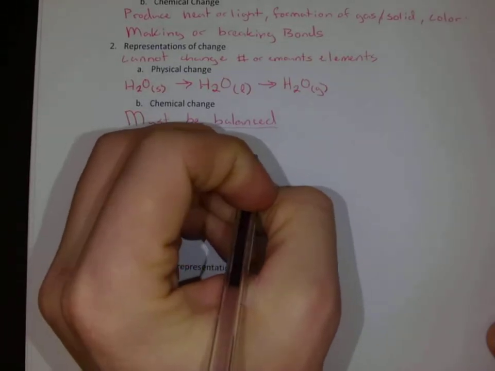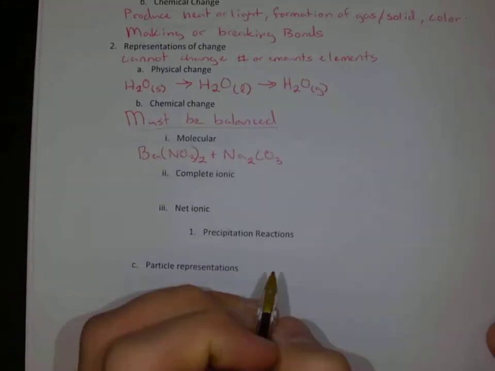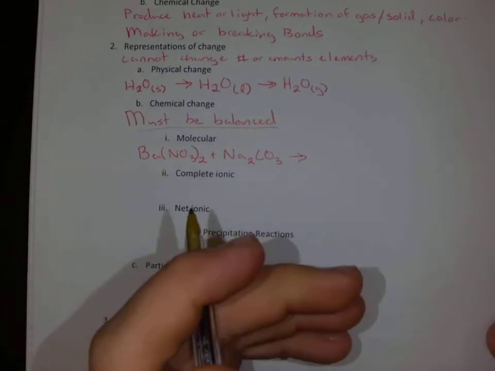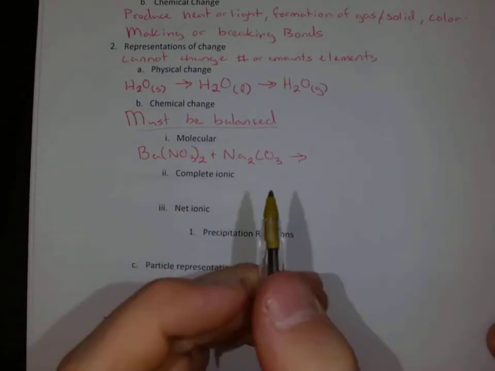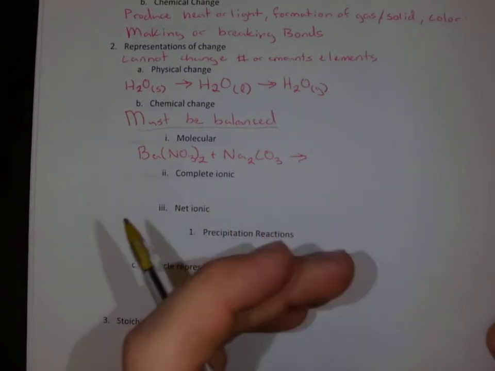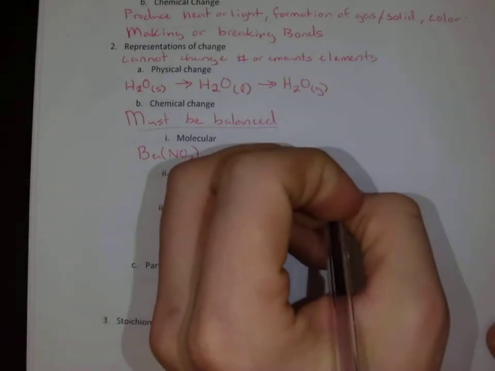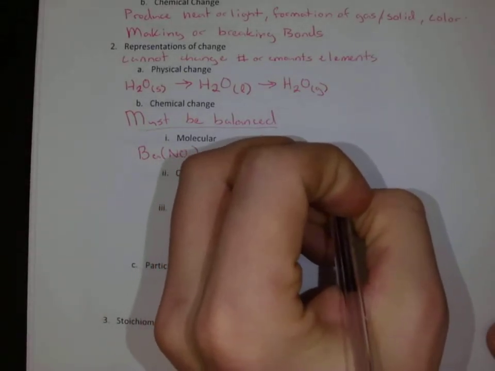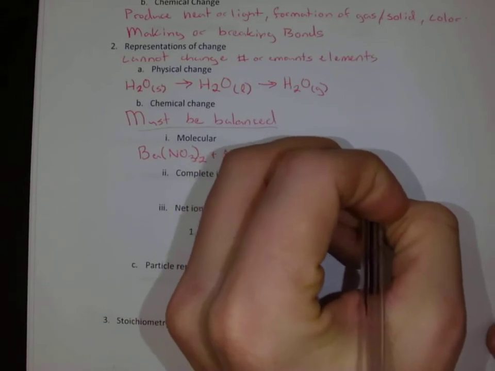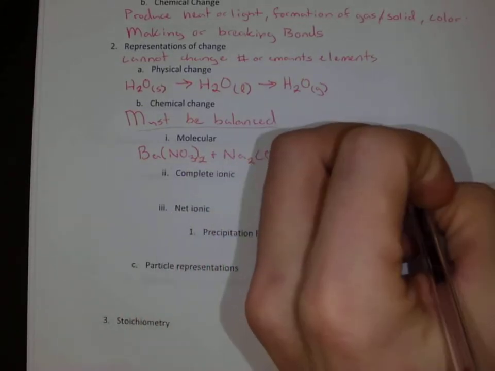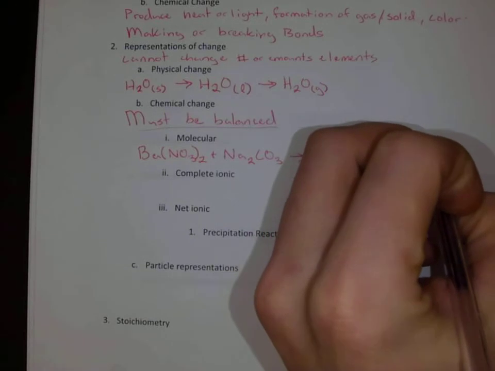If I have those two compounds and I put them into a container, liquid, they ionize and then things are going to happen, right? Overall, I'm going to have two NaNO3, two sodium nitrate molecules that get produced, and barium carbonate.